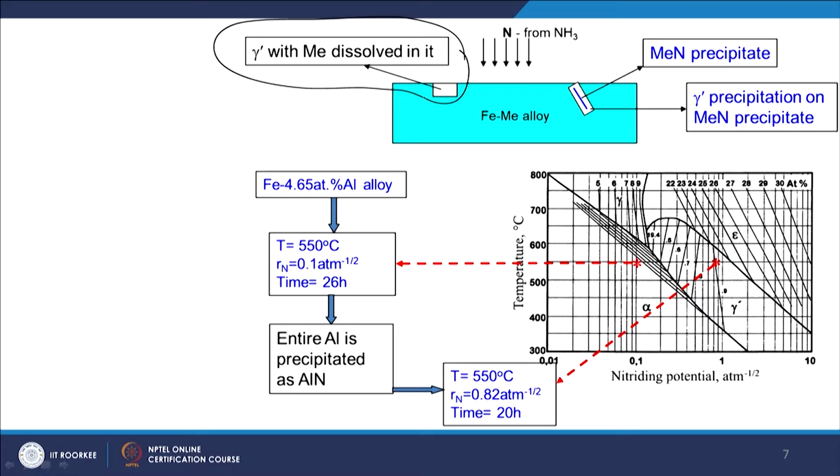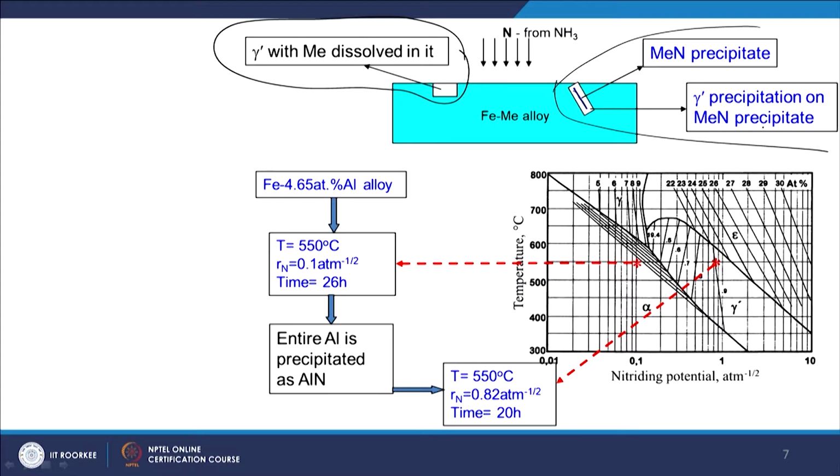The other possibility is that the inwardly diffusing nitrogen initially forms MeN nitride as a platelet, because you have a small amount of Me. So, you will have precipitates of MeN, and this MeN precipitate can act as a nucleation site for the iron nitride. That means it provides a template, and on top of that you grow the iron nitride, so gamma prime precipitates on the MeN precipitate.